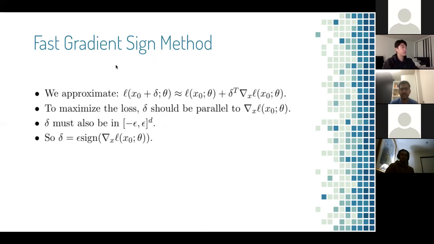We say that the loss function is approximately linear, very close to the original image x naught. This is basically a first order Taylor expansion. So you say that L of x naught plus delta is roughly L of x naught plus the input delta transpose times the gradient.